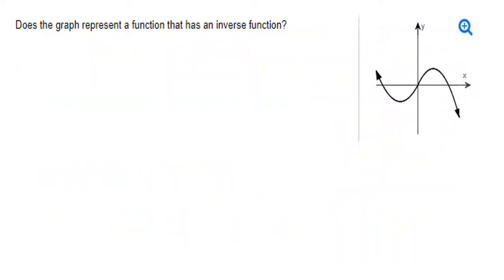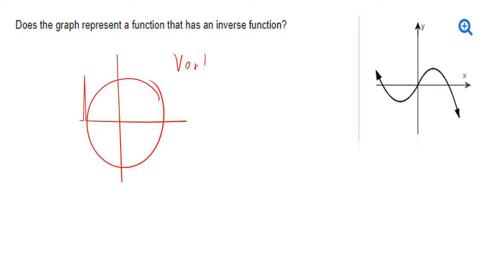Now, how can you tell if the graph of a function has an inverse? Remember when we were doing the vertical line test, the vertical line test is a test to see if you have a function or not. For instance, a circle is not a function. It fails the vertical line test.